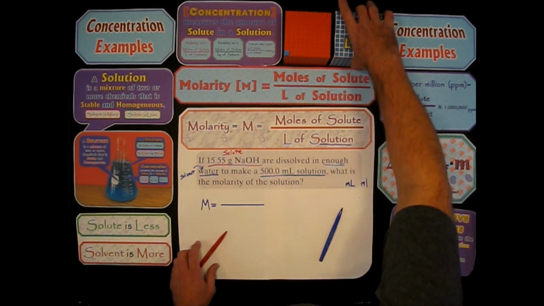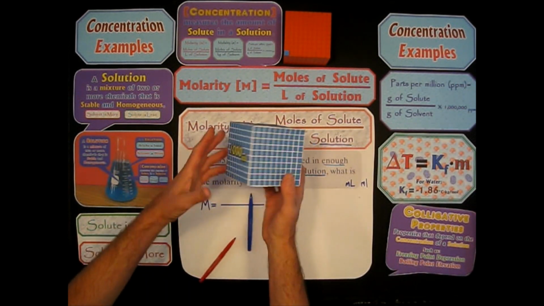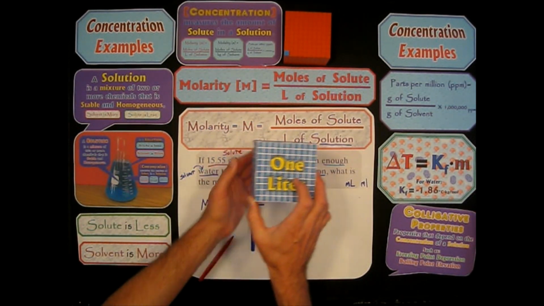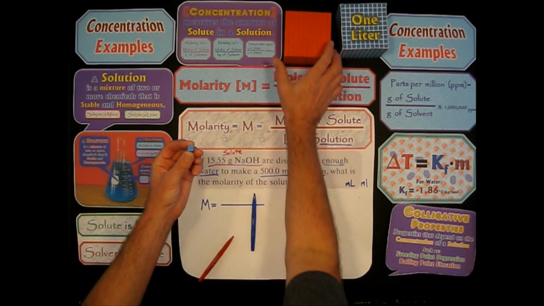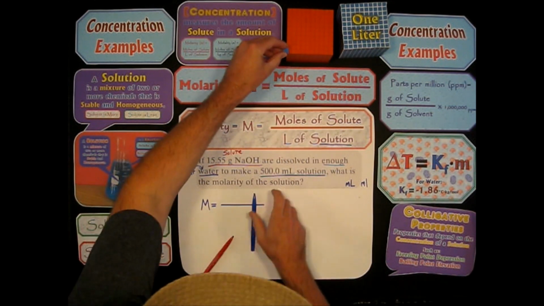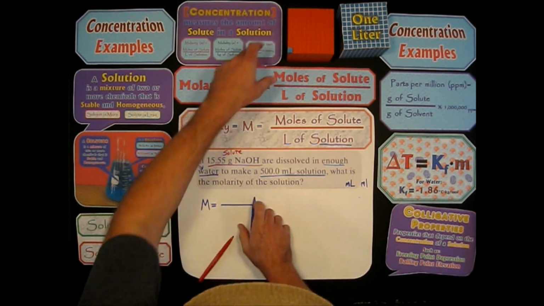So remember that 1,000 milliliters is 1 liter. If you want to convert from milliliters to liters, this is 1 milliliter right there, and this is 1 liter. There's 1,000 of these inside this. Well, all I have to do is divide by 1,000.